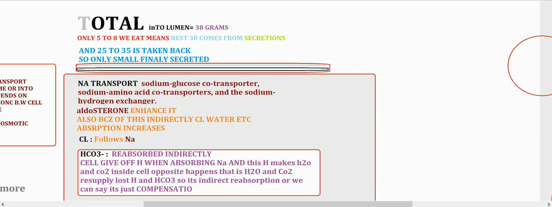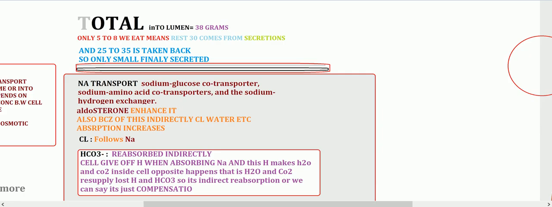And what's funny is that we eat only 5 to 8 grams every day. The total sodium that gets into the lumen during digestion is 38 grams, but we eat only 5 to 8 grams. Then how is it possible that it makes a total of 38 grams? How is that happening?